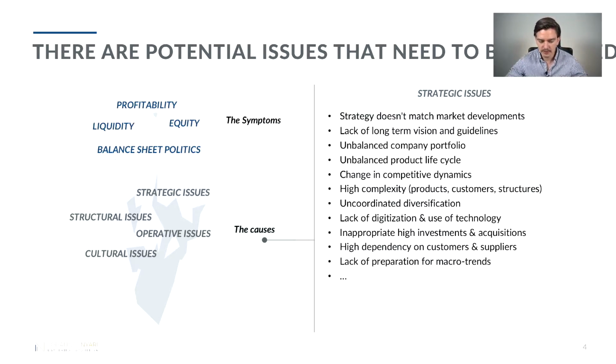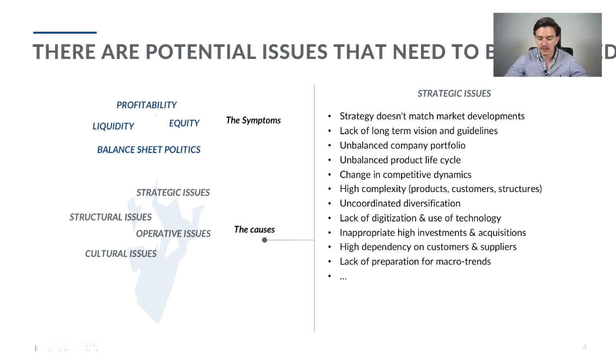Or you have complex structures. Maybe you have some uncoordinated diversification. Diversification can be a good thing, but not if it's uncoordinated. This means that people and regional managers spend a lot of money on new business initiatives that do not fit into the overall strategy. This can also happen very often.